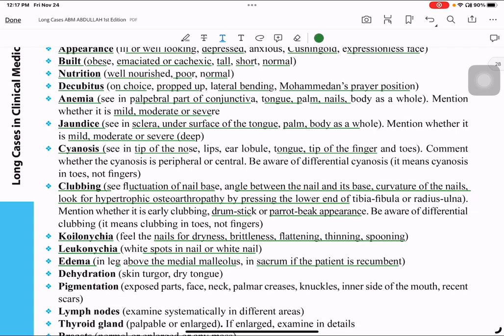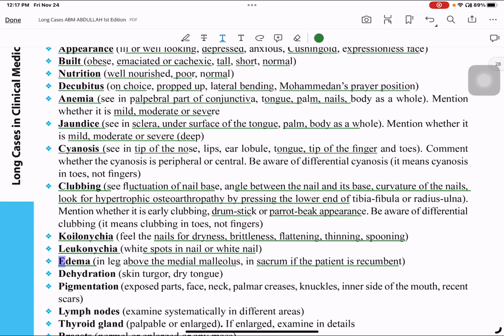So the patient either has right-sided heart failure or pulmonary hypertension, or some sort of CLD, or CKD, or IBD, or malignancy.